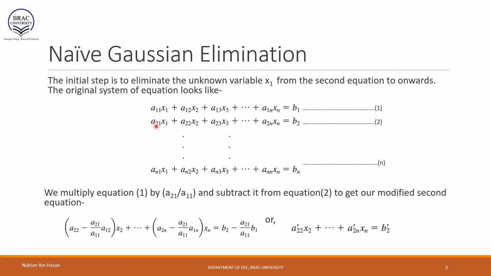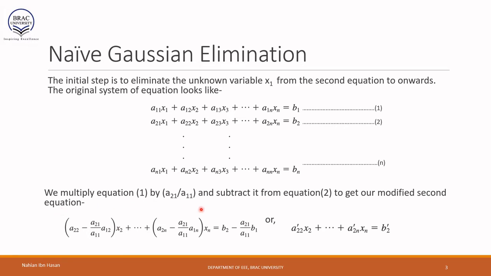Then we subtract these two equations. We subtract the first equation from the second equation, and this term will vanish. In this way we can easily eliminate this term below the principal diagonal, and it becomes 0.